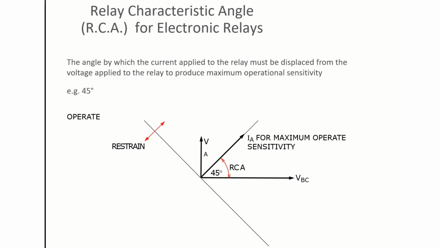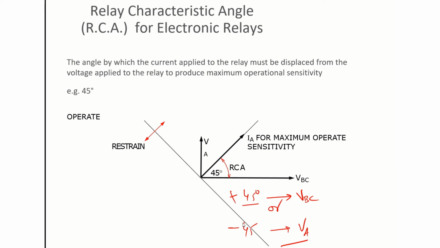Now here is a very important thing. This 45 degree, we can say in two different ways. We can say that this 45-degree current shift is from VBC plus 45 degree, or we can also say that this is minus 45 degree from VA. So depending upon how we are seeing this, we can say that this RCA is plus 45 degree, but with respect to your quadrature voltage.